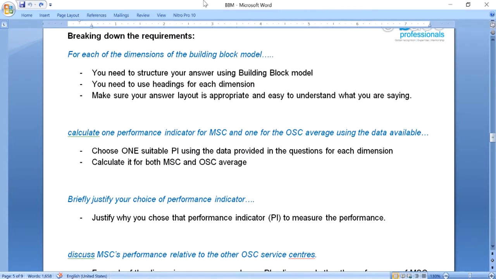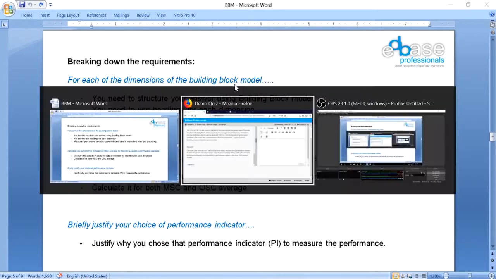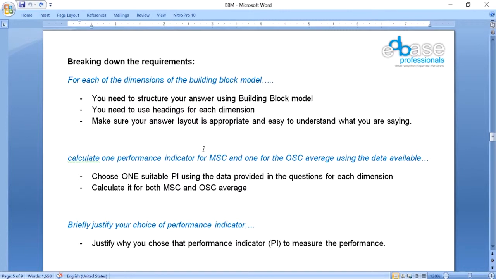The first part of the requirement is: for each of the dimensions of the building block model. That means you need to structure your answer using the building block model, and for each of the dimensions, you need to use headings.